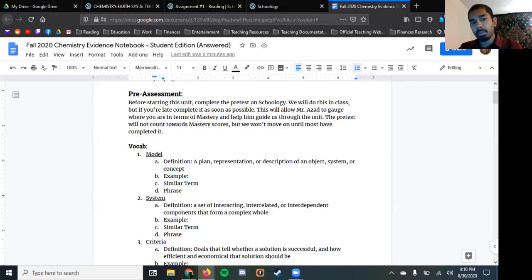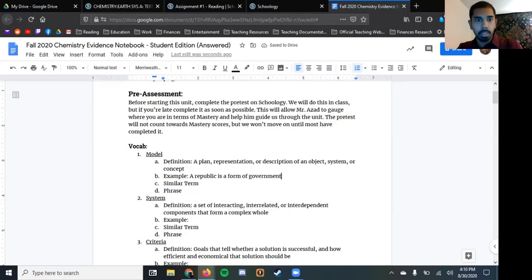So, an example of a model could be literally anything. Let's think about our government. Let's say a republic. A republic is a model of government. Not necessarily using the word model inside my example because it's not necessary. A republic is a form of government.